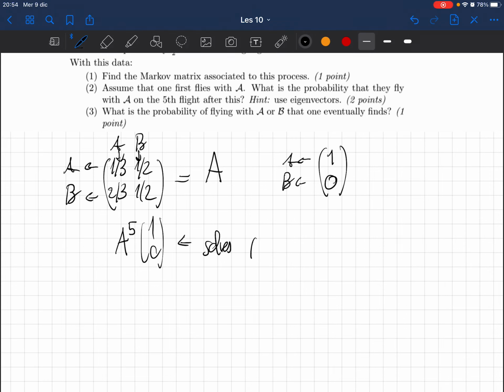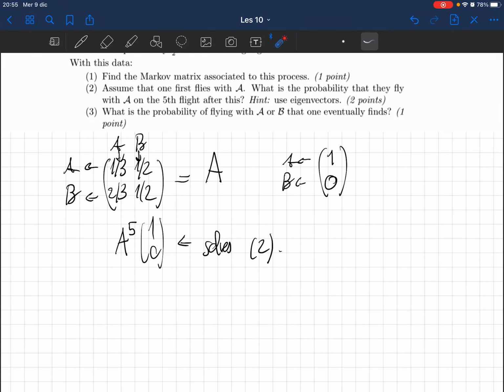Here, look, we have five iterations, and we started with A. So in principle we know it, but perhaps computing A to the 5th power just by matrix multiplication is not the best thing to do, and it becomes very, very bad.